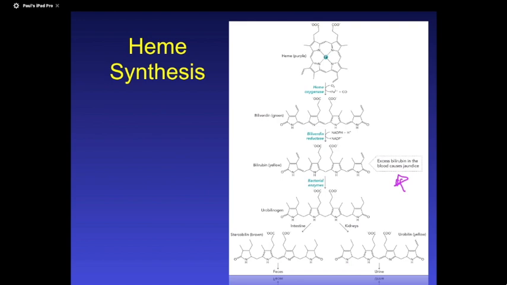A lot of babies have this particular issue. We use light to treat that for babies, okay? Why would light be a treatment to degrade bilirubin? What's unique about the structure that you see in bilirubin? And something about light.